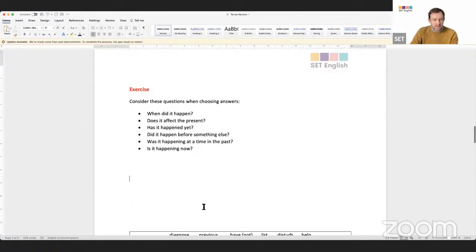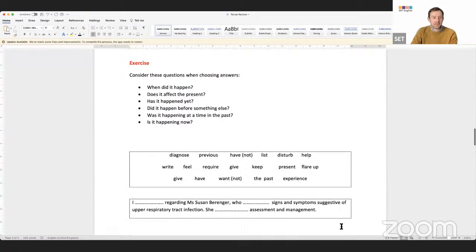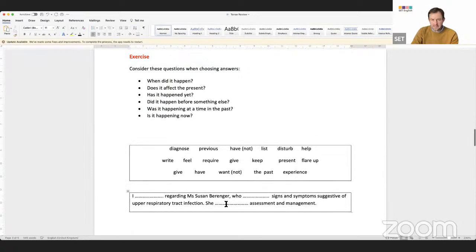Okay. So I'm just going to start this exercise. We'll review it together. Here's the box of verbs, and here's the first exercise. Okay, so let's do that one. I'm going to give you a minute. It's not going to take you long, guys, to do it. Okay, 1 minute, starting now.